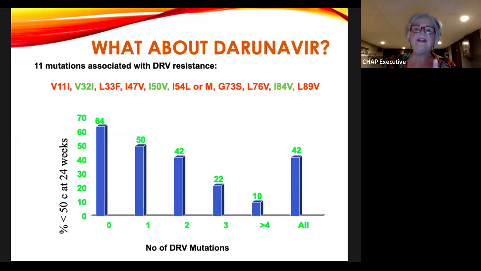So much so that even when it is listed as highly resistant, they still say you can use it by just dosing it twice a day. So almost giving a little more drug to get over the resistance, something similar to what we see with dolutegravir.